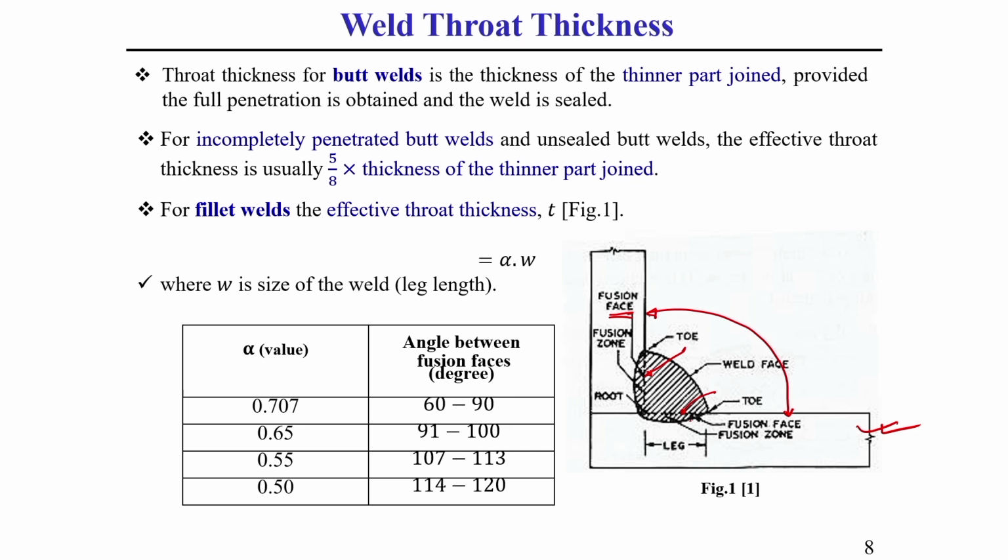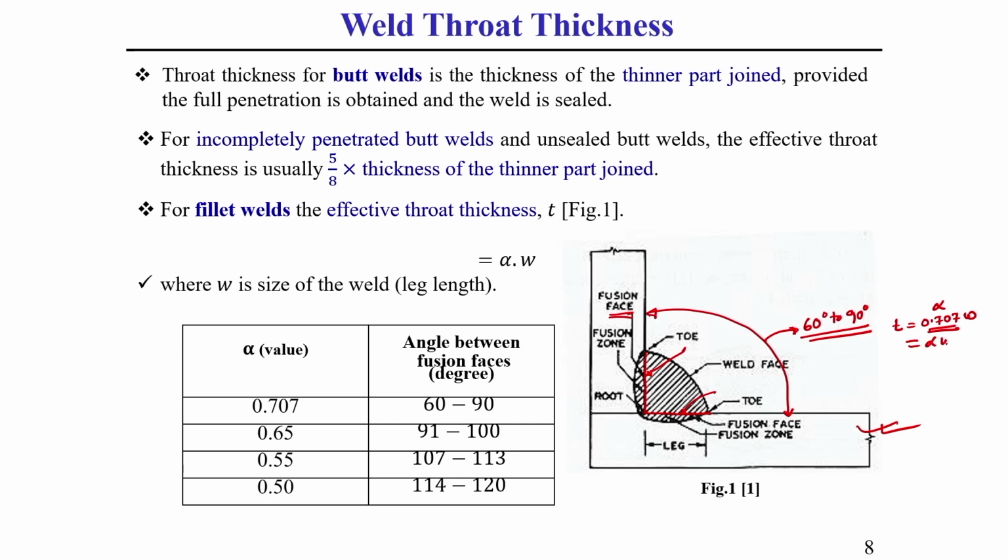That means the angle between this fusion face and this fusion face, if it is varying from 60 degree to 90 degree, according to some international standard, there we consider that the throat thickness is equal to 0.707 into W. Let us consider this is your alpha.